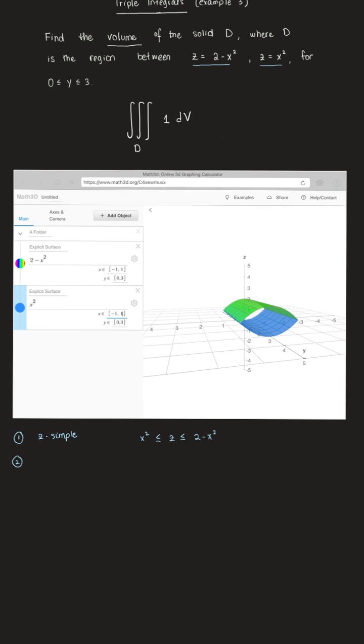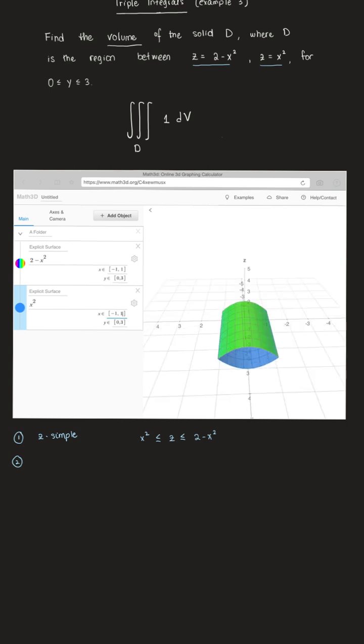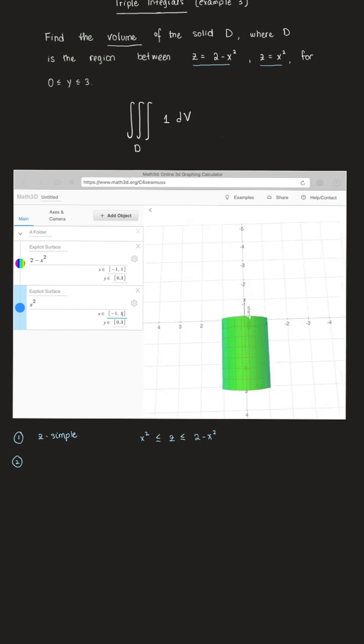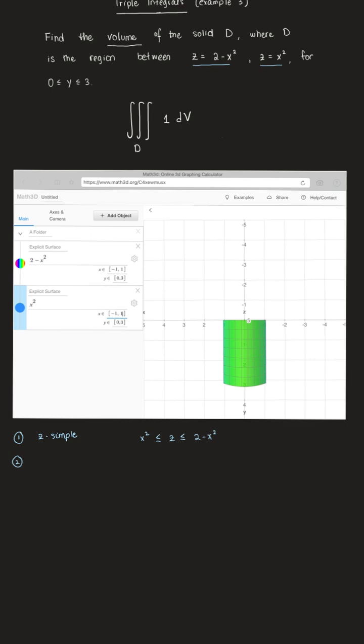So here we go. I'm going to just look at the top and project onto the xy plane, and you can see that we have a rectangle where x is going from -1 to 1 and y is going from 0 to 3. And that's going to be really nice to get our region on the xy plane.